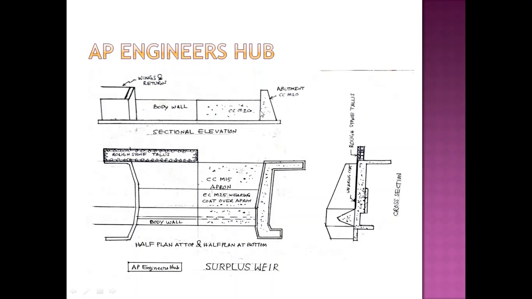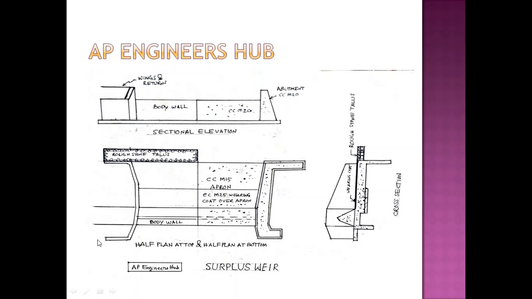Body wall. This is the abutment. That is here, this is the abutment, and continuously wings and returns. On this side, from the top view, wing and return.